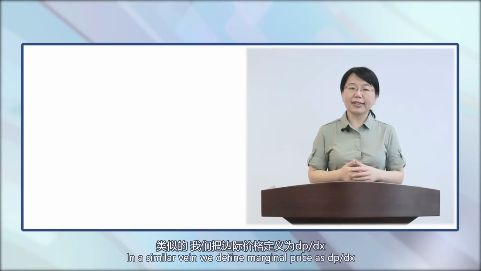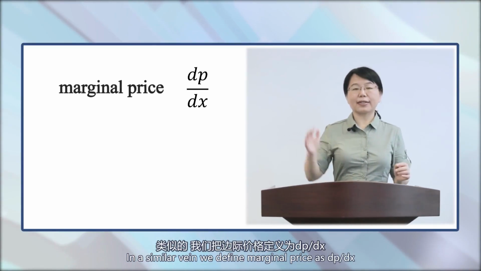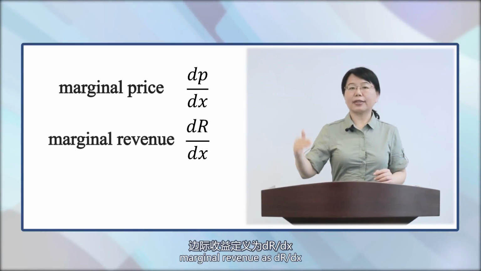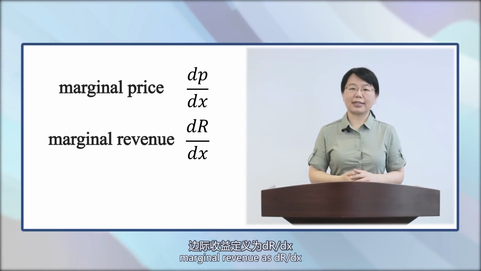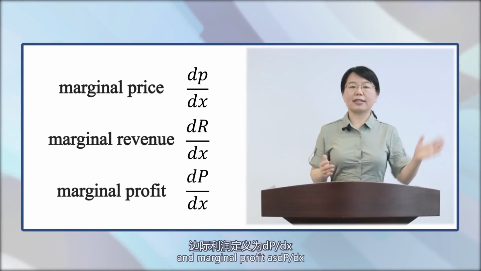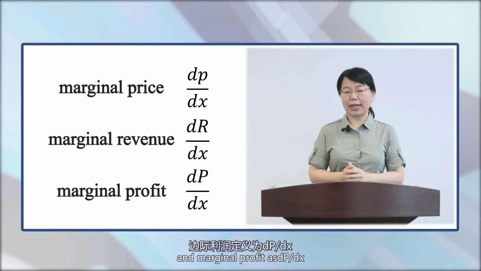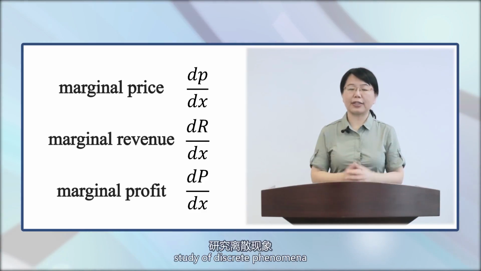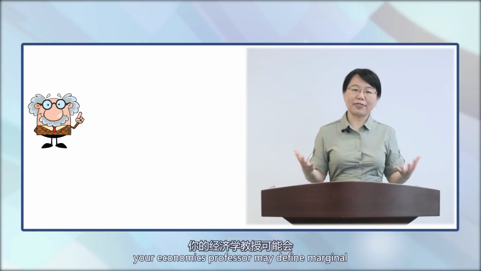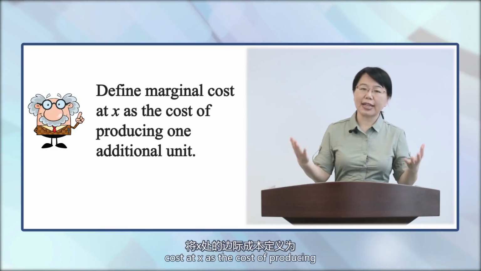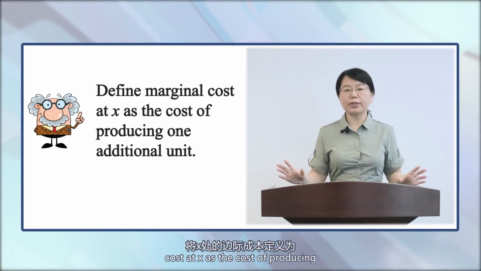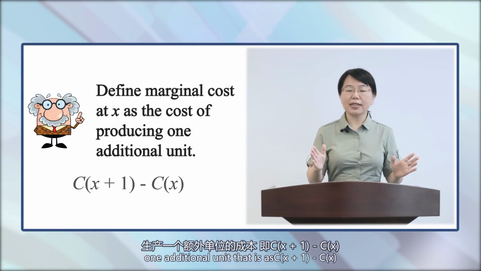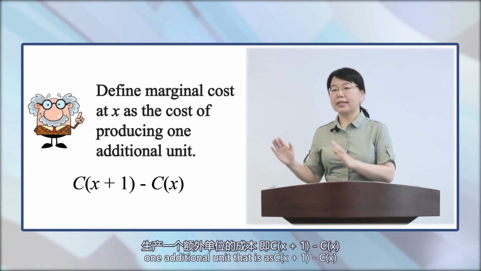In a similar way, we define marginal price as the derivative of P with respect to x, marginal revenue as the derivative of R with respect to x, and the marginal profit as the derivative of P with respect to x. Because economics tends to be a study of discrete phenomena, your economics professor may define marginal cost at x as the cost of producing one additional unit, that is, as C of x plus 1 minus C of x.